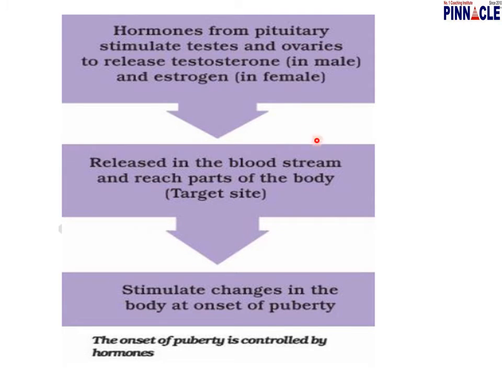Hormones are released in the bloodstream and reach the part of the body, that is the target site, and then they stimulate changes in the body at the onset of puberty. So this is the onset of puberty concept.